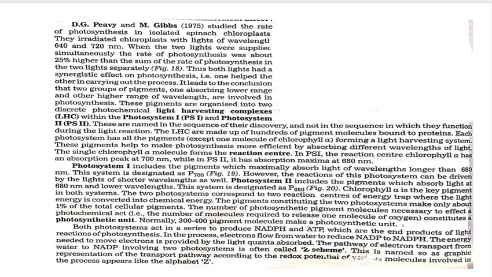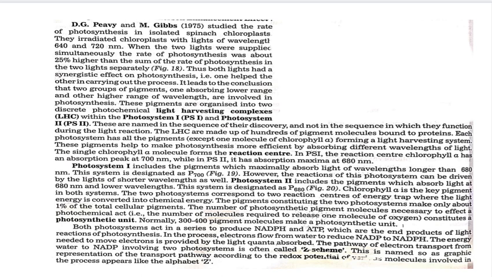Both photosystems act in a series to produce NADPH and ATP, which are the end products of the light reaction of photosynthesis. In this process, electrons flow from water and reduce NADP to NADPH, and the energy needed to remove electrons is provided by the light quanta absorbed. The pathway of electron transport from water to NADP involves two photosystems and is often called the Z scheme because it looks like the letter Z.